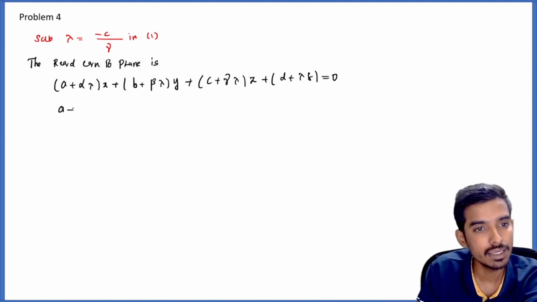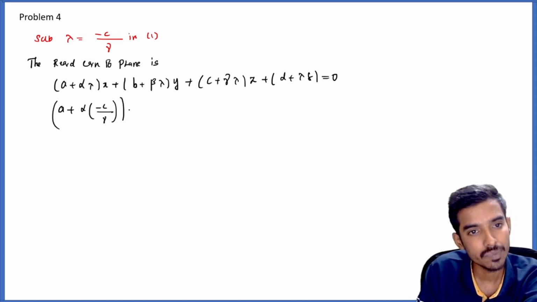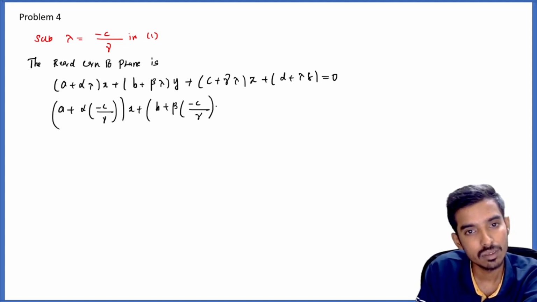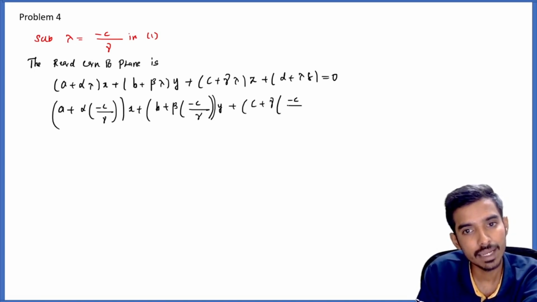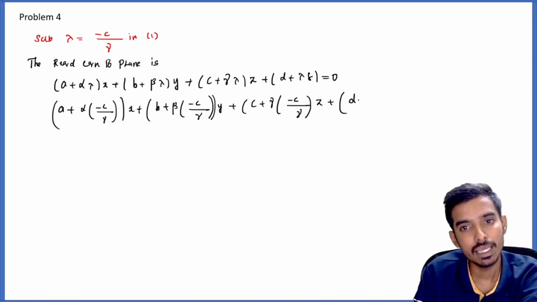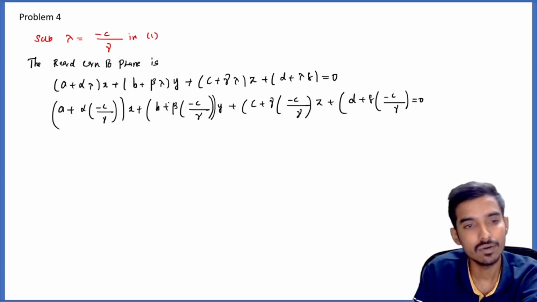So substitute that here. Alpha into lambda is minus c divided by gamma, into x. Beta into lambda gives minus c by gamma, into y. Plus c plus gamma into lambda, which is minus c divided by gamma, into z. Plus d plus delta into minus c divided by gamma is equal to 0.